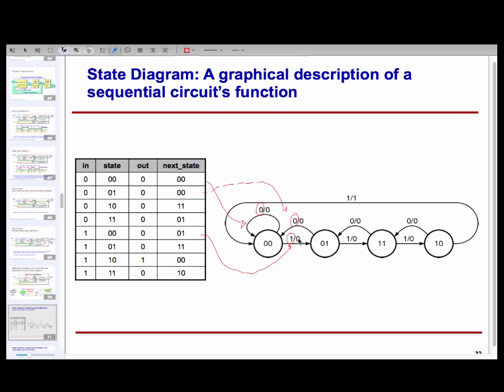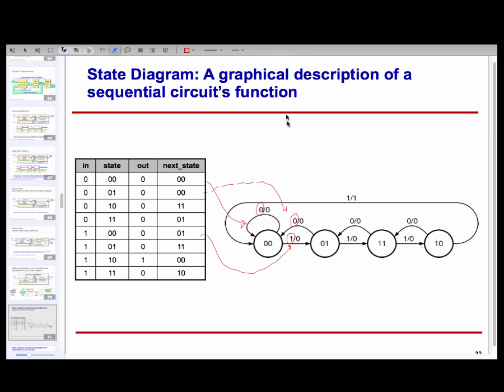So in this case it is 1/0 or 0/0, so it's identical. But this last state is interesting. If you look at state 1, 0, it is saying if I'm in 1, 0, if input is 0, output is 0, and if input is 1, output is 1.